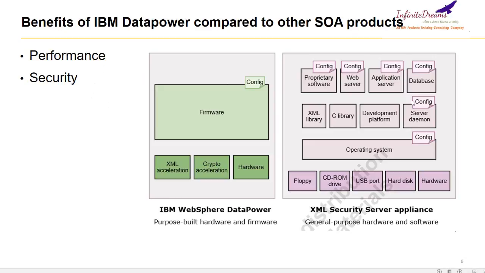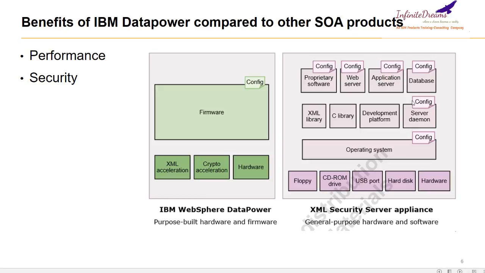So till now we understood what an ESB is, we understood the advantages of using an ESB, and then we saw different IBM products, and we saw the benefit of IBM Data Power compared to other SOA products.